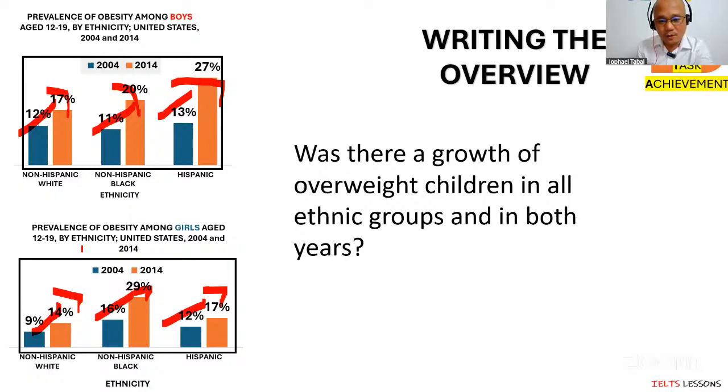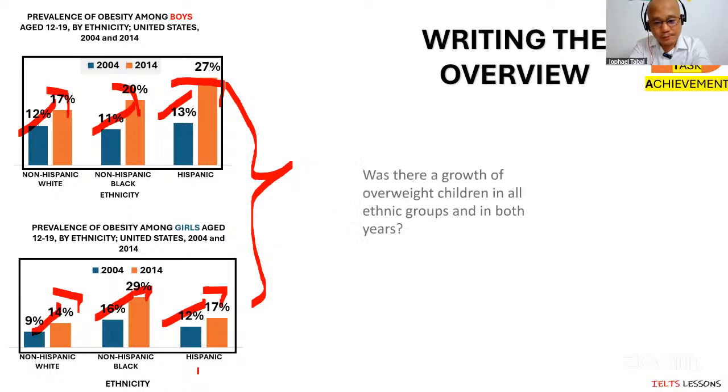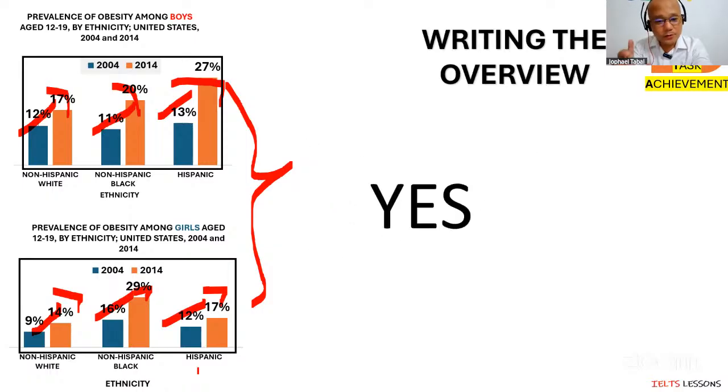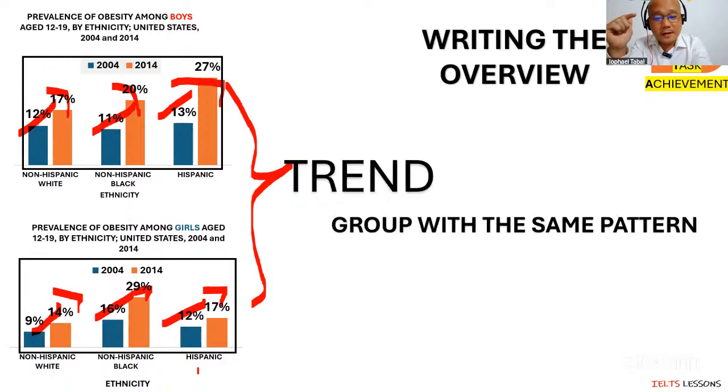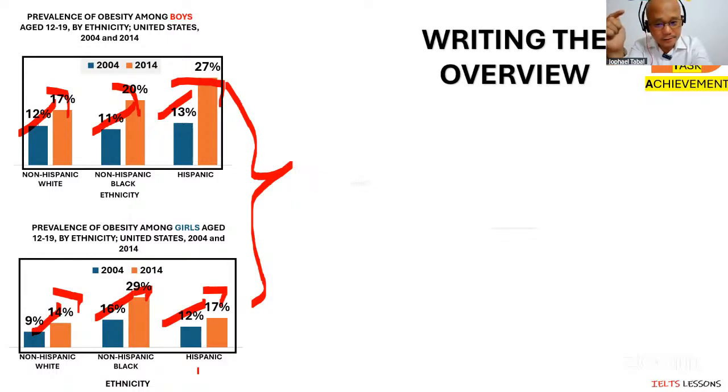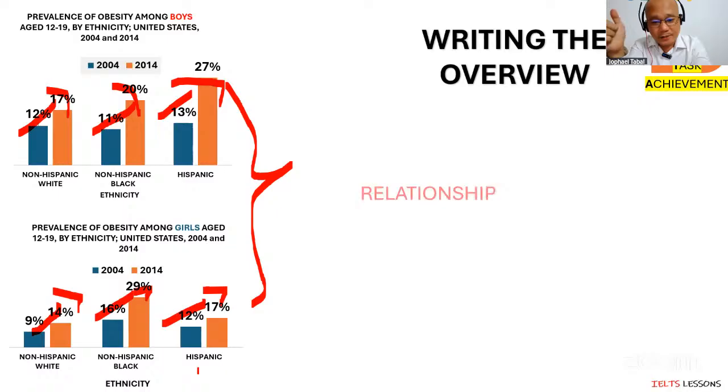So the most obvious one is that there is a growth of obesity in both genders, boys and girls, in these three ethnic groups: the non-Hispanic white, non-Hispanic black, and Hispanic groups. So there's an increase of obesity rate in the US in these ethnic groups. Yes, so there is again a group with the same pattern. So the answer is yes.